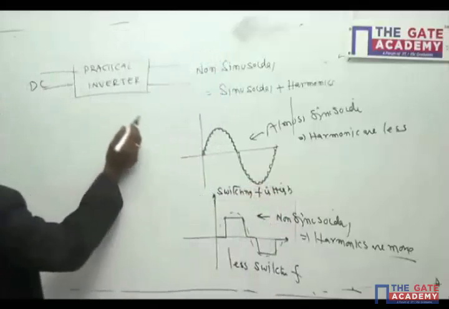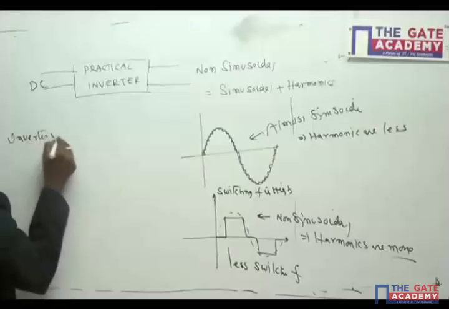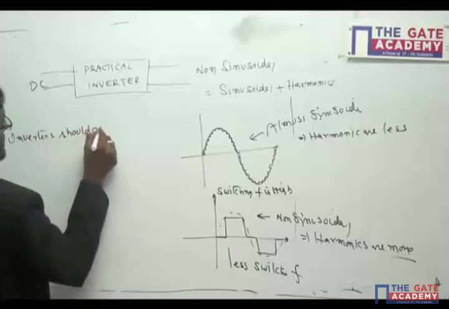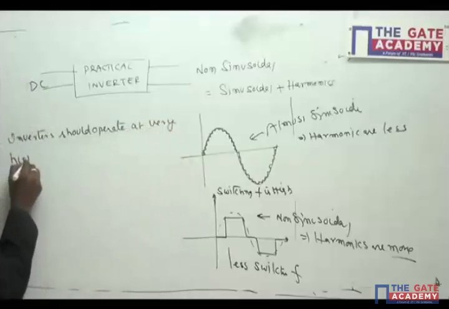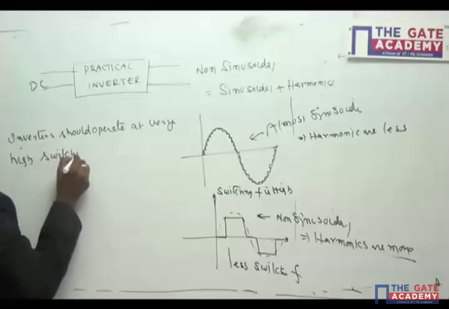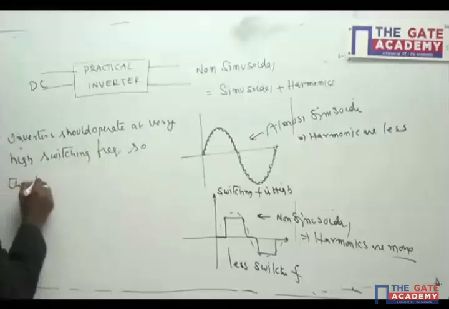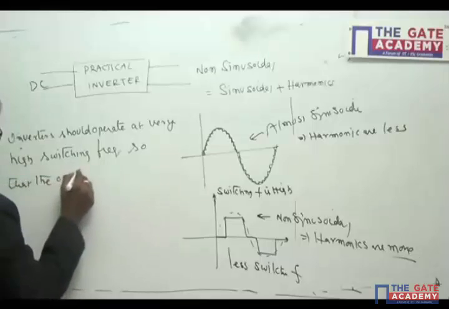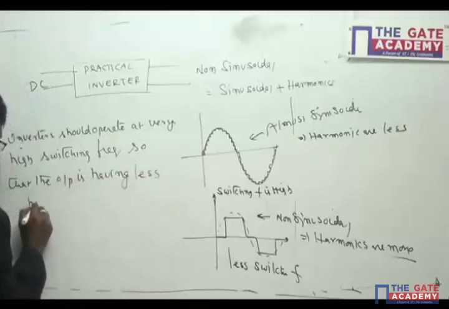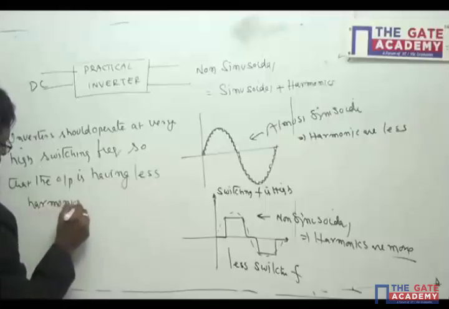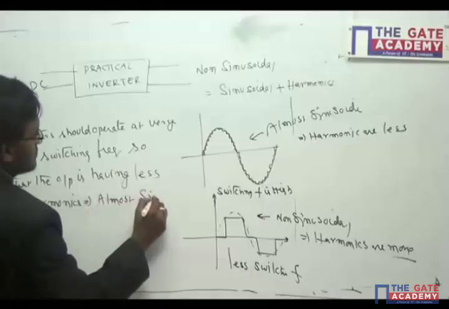So inverters should operate at very high switching frequencies so that the output has less harmonics. This implies almost sine wave.